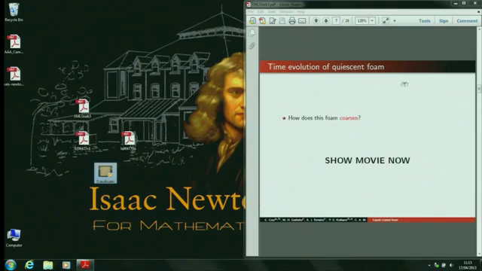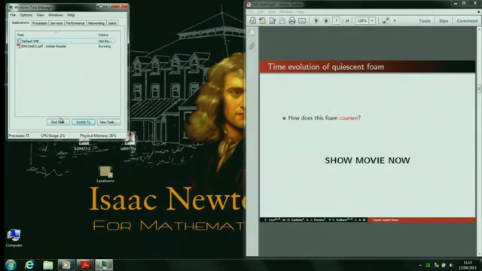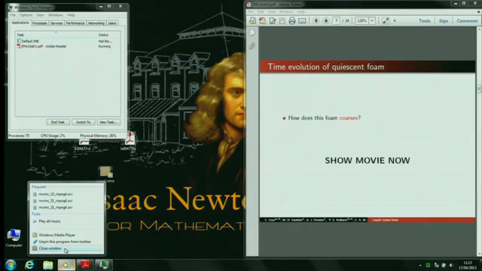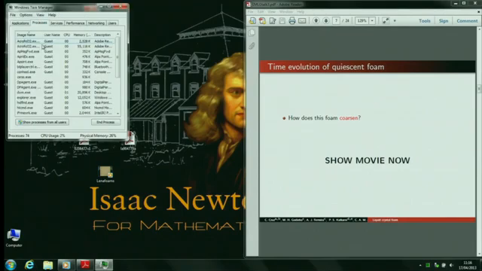It got stuck somehow. Oh, I wrecked the thing, didn't I?